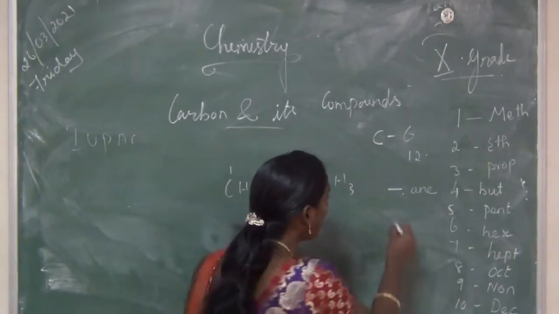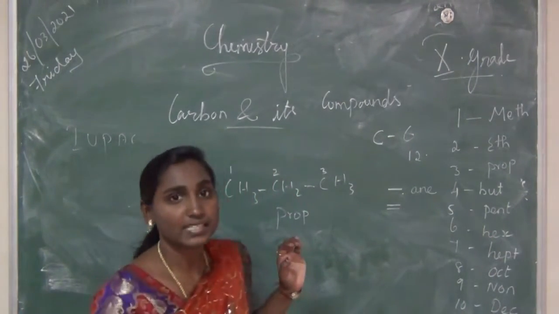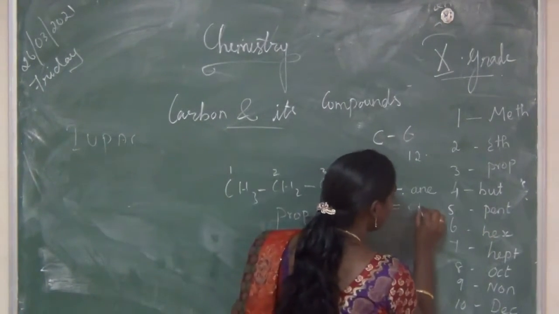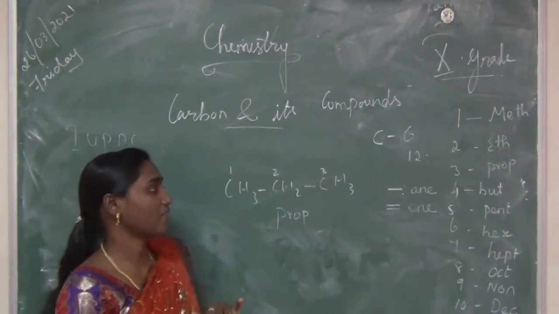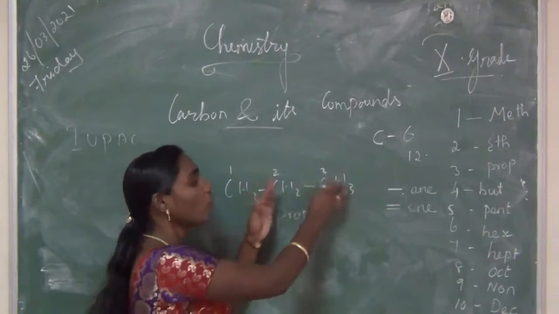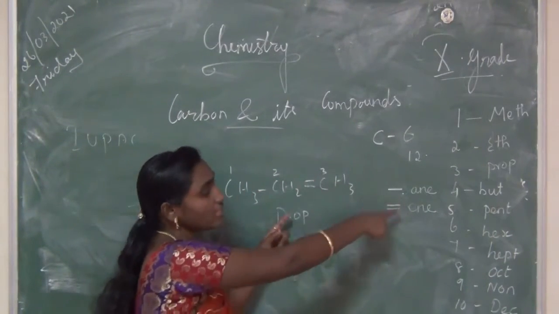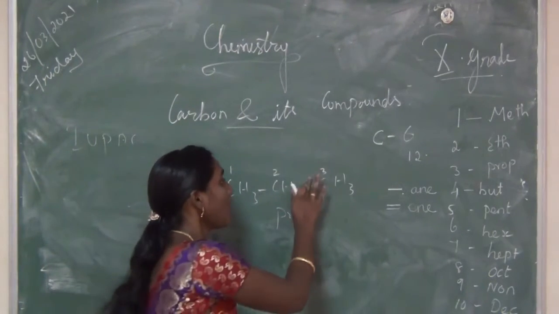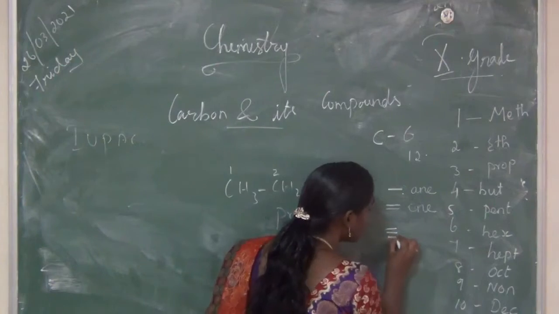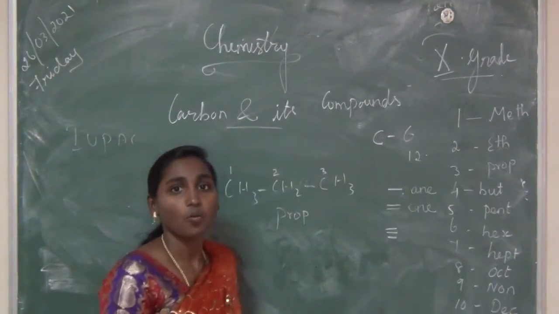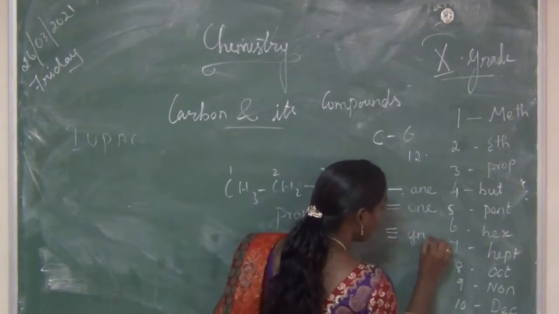If the compound has a double bond, the suffix is ENE. A double bond at any one place, for example here, we take as ENE. And if one compound has a triple bond, can you say the suffix? YNE. A triple bond means the suffix is YNE.